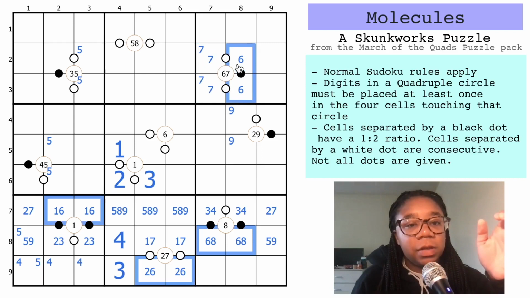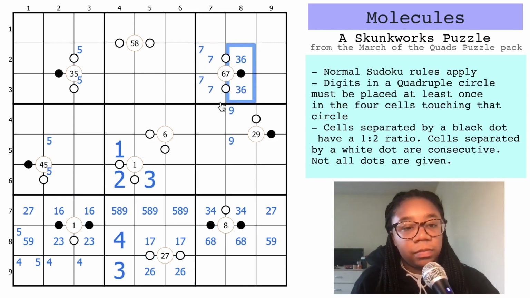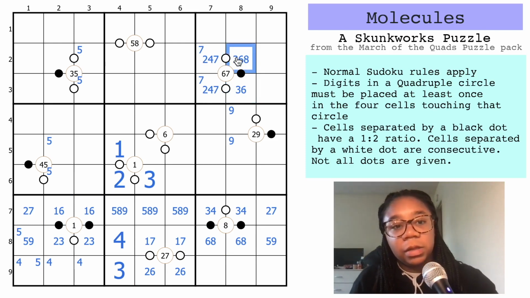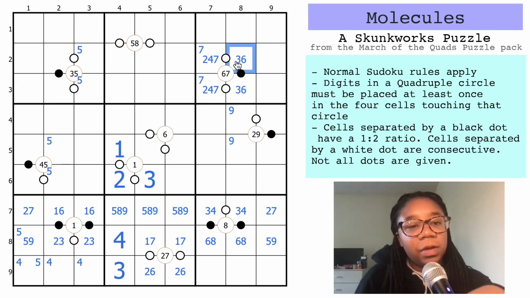So it could go 7, 6, 3, and then this could be a 2 or a 4 to be consecutive with 3, or we could do 7, 8. I was going to say we could do 7, 8, 4, and then I wouldn't have a place for the 6 because neither 8 nor 4 is consecutive with 6. So I think this is how this goes.